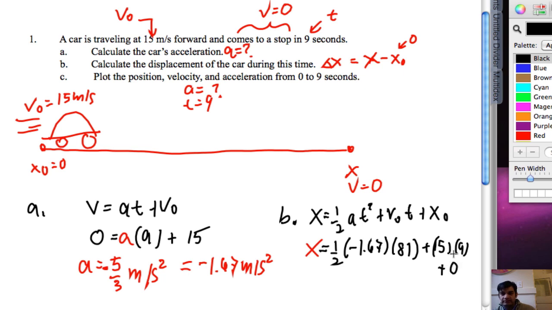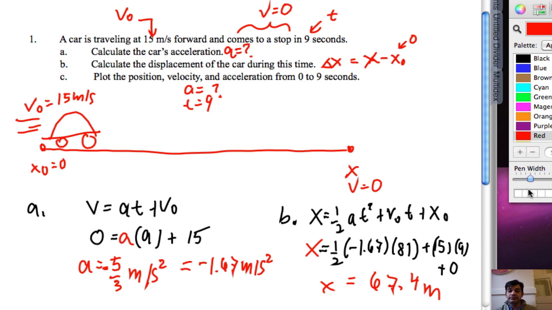So we're going to calculate that, and we'll get, assuming I did my math right, 67.4 meters. So this is the setup for sure. I just hope my arithmetic's right. So that's part B. Well done. That's pretty much it for the problem.